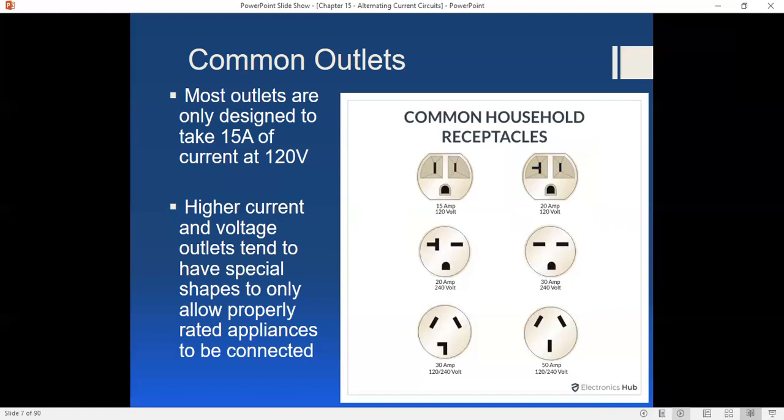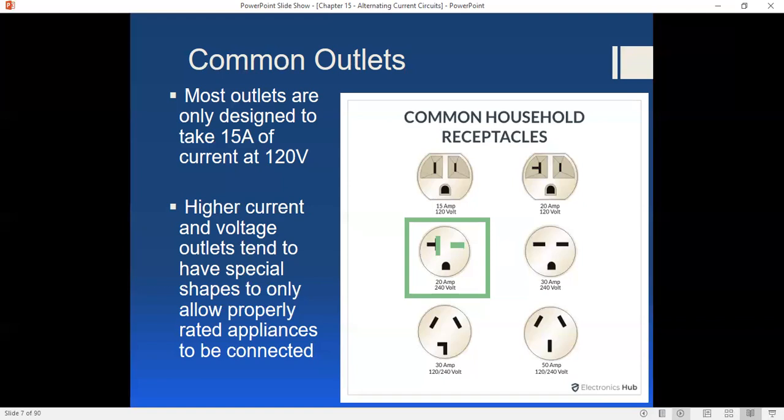Now, also, we have different outlets for your 220. Now, 220, I'm sorry, it's 240, but it's close to 220. Here, we have a 240 volt, 20 amp outlet, and it will accept a vertical and horizontal input, okay?